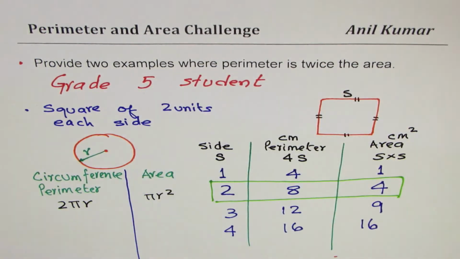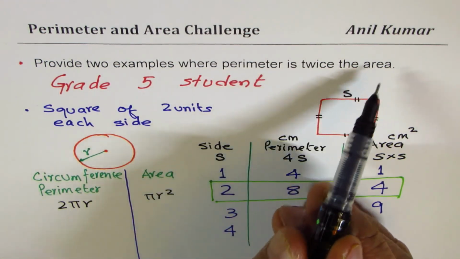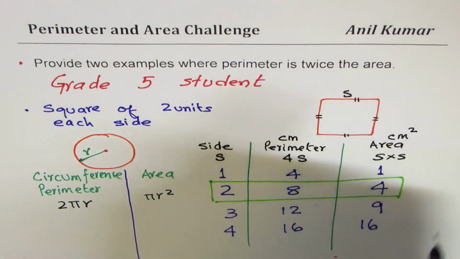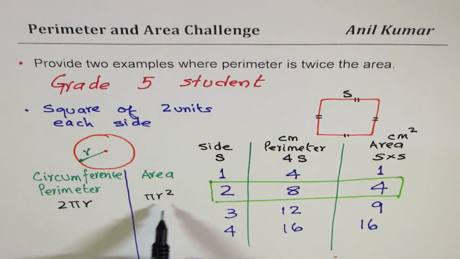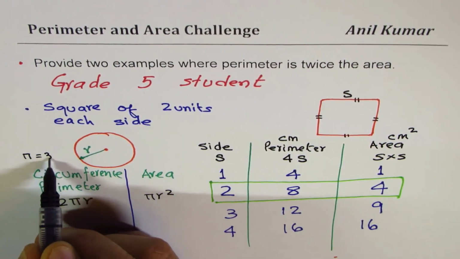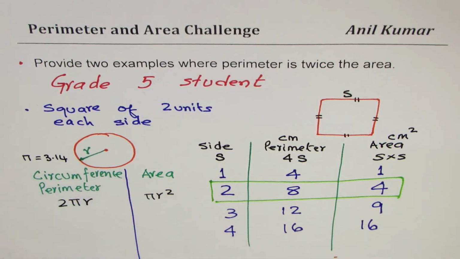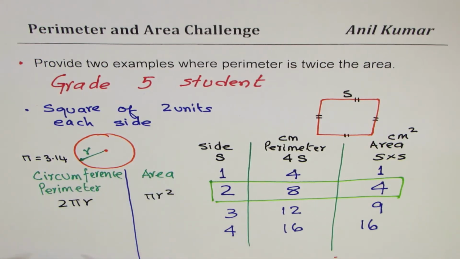So whenever I say provide two examples where perimeter is twice the area, do not compare these units. Just compare the numbers. Now in this expression, pi is a number which could be written as 3.14 approximately. Now these are the formulas for circumference and area.